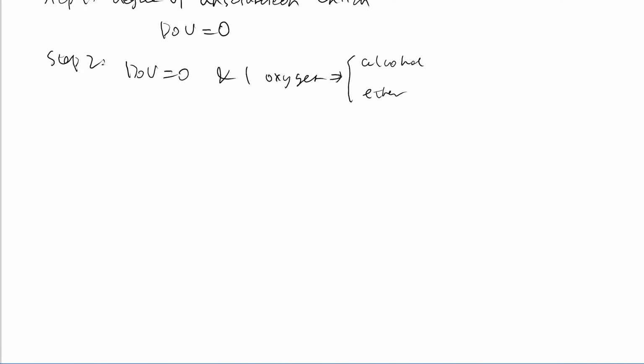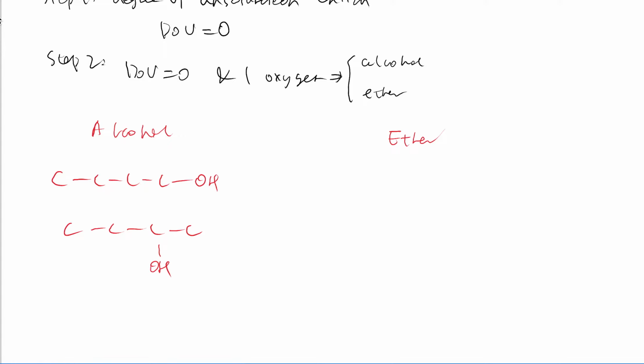So we know it's alcohol and ether, we'll just write it over here. It could be alcohol or it could be ether. So with 4 carbons, 1, 2, 3, 4, that's the first alcohol, and then you can change it to the middle.